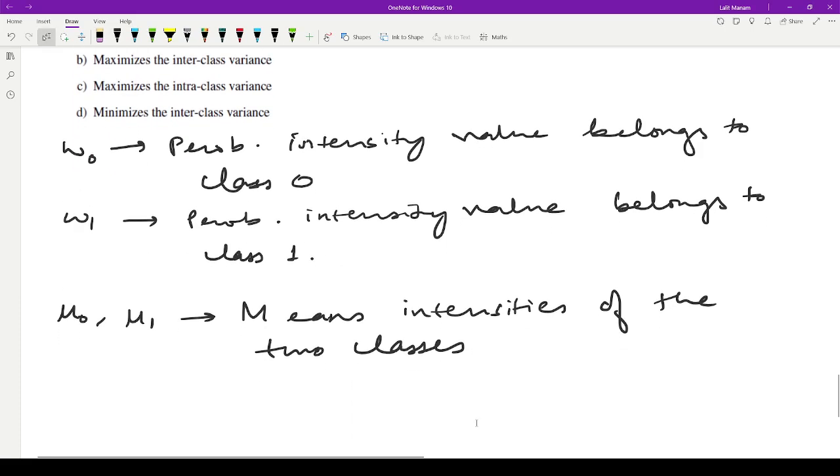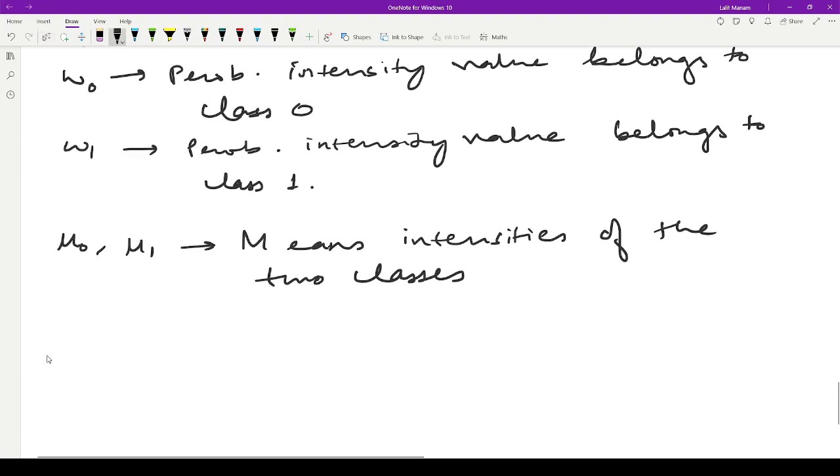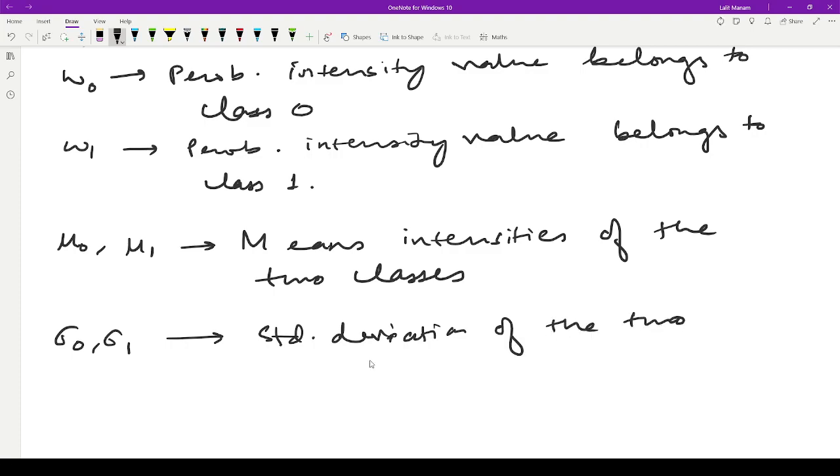Sigma naught and sigma 1 are the standard deviations of the two classes.